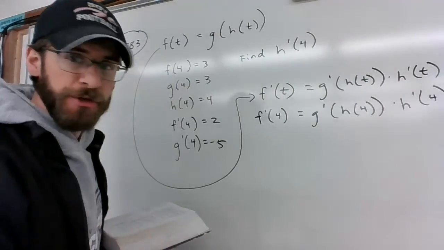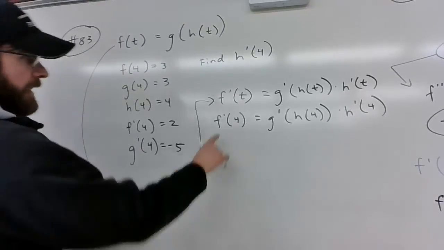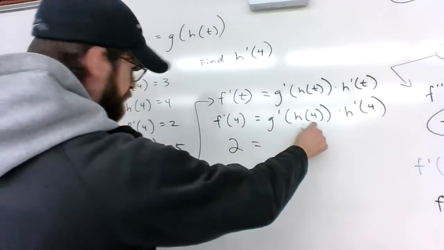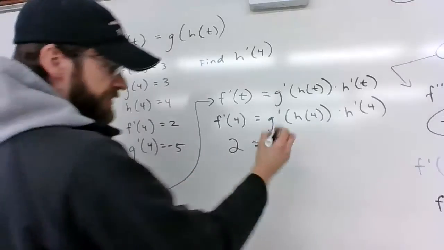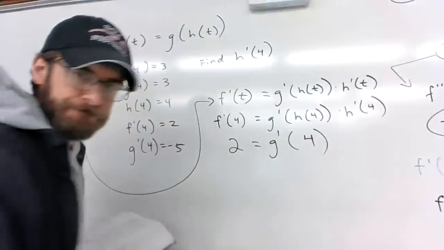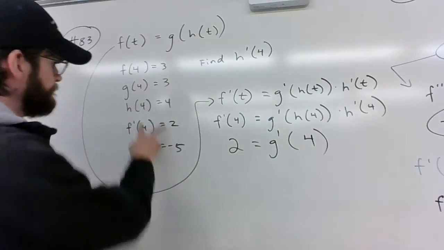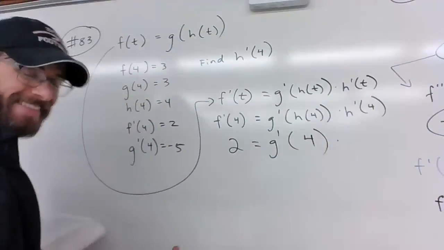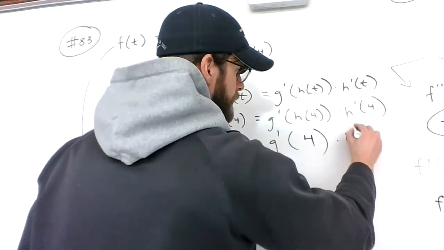Then I'm going to continue doing straight replacements. F prime of 4 is 2. H of 4 is 4. So it's G prime still of 4. And then H prime of 4, that's the thing we're trying to solve for.